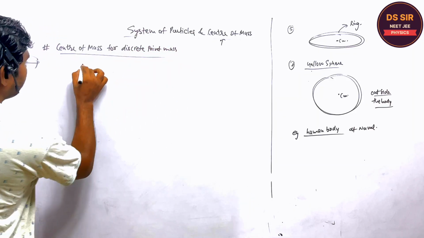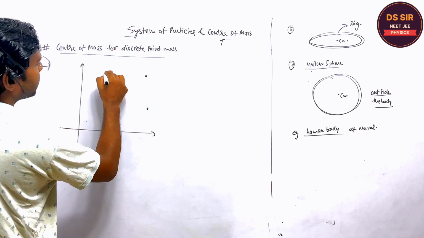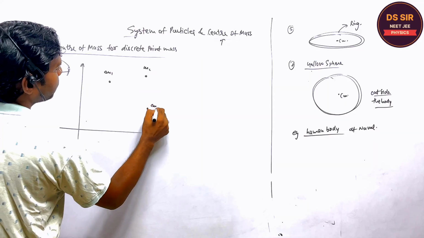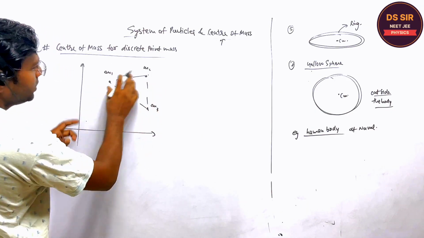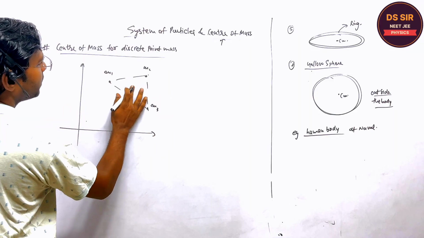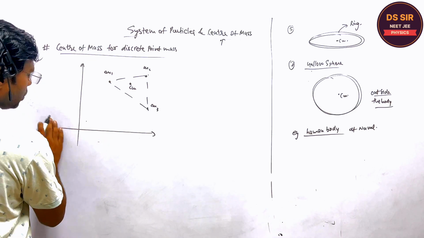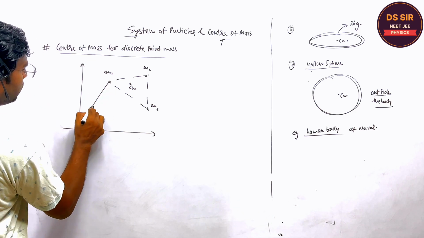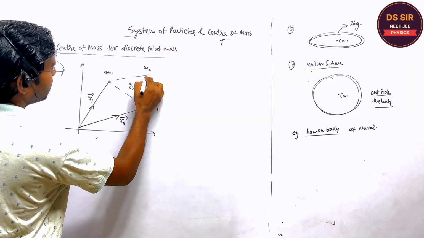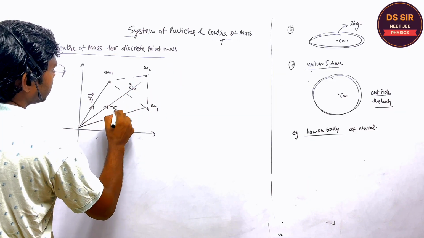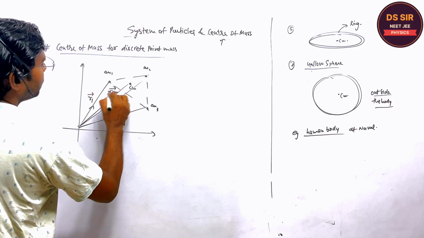For example, if we consider space, and these are the point masses M1, M2 and M3, the center of mass of the system will lie somewhere here between them. Are you getting or not? If this is M1, whose position vector is R1, this is M3 with position vector R3, this is M2 with position vector R2, and this is the center of mass, its position vector is RCM.